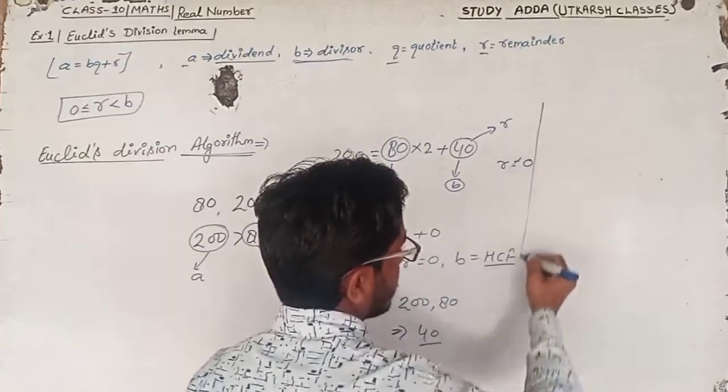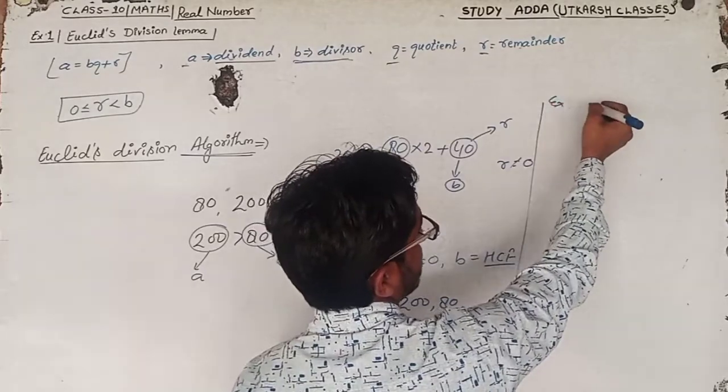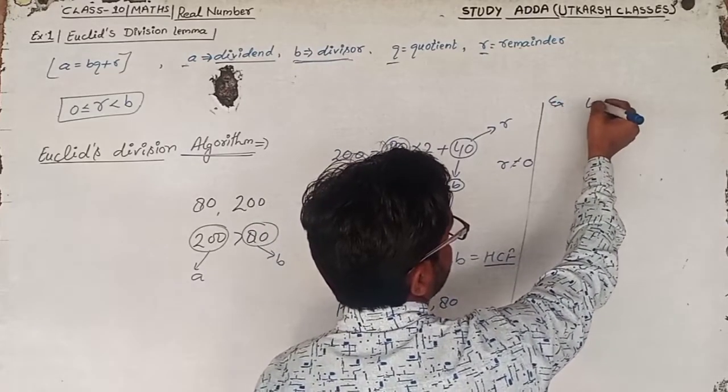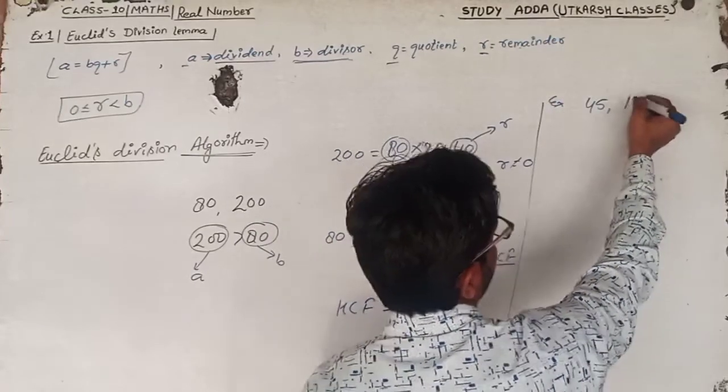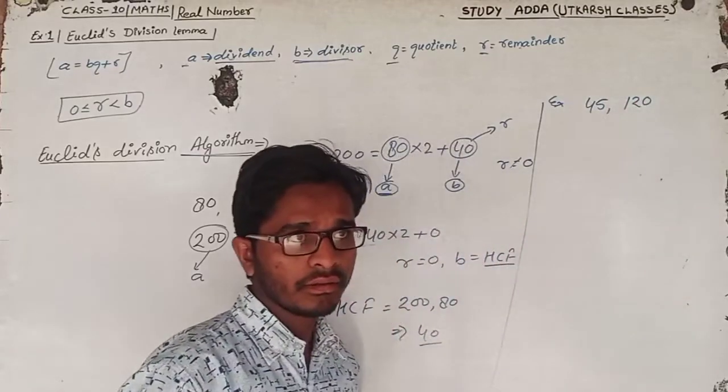Now we take another example, 45 and 120. Clear?